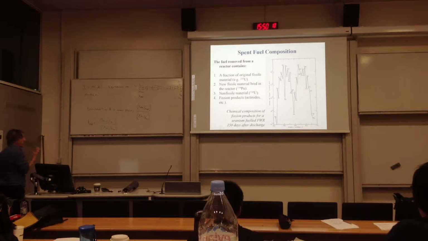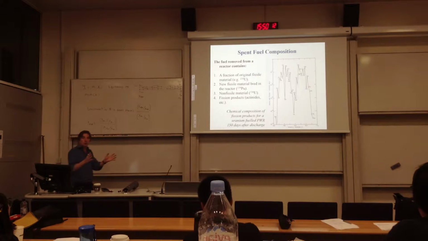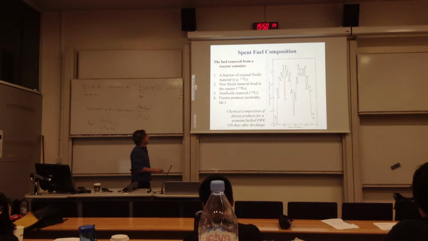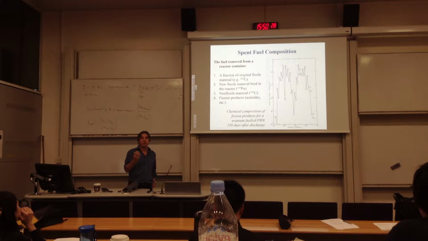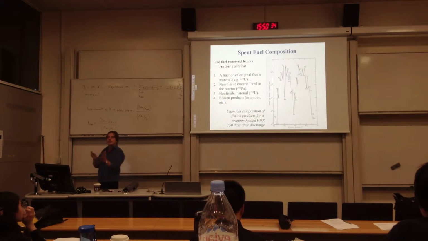In the process we're going to see, after reprocessing, what you have is waste, which is the fission products. You have another stream which contains uranium, both 235 and 238, because solvent extraction, as you have seen, cannot distinguish between them.